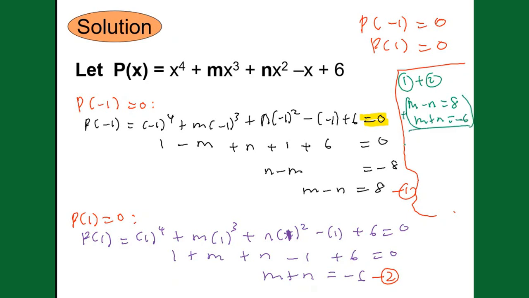M plus m to 2m. Plus mati. Therefore m equals 1. Substitute in the equation. Itulah. Okay. 1 plus n equals negative 6. And therefore n equals negative 7.